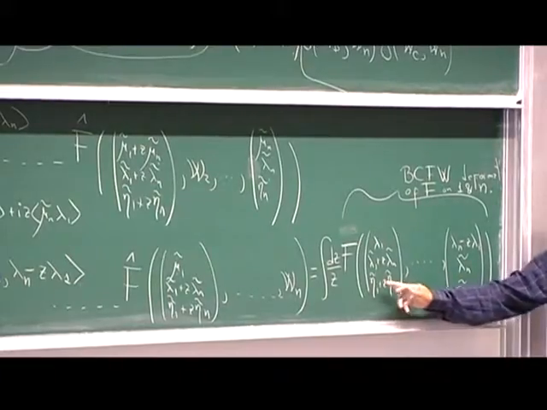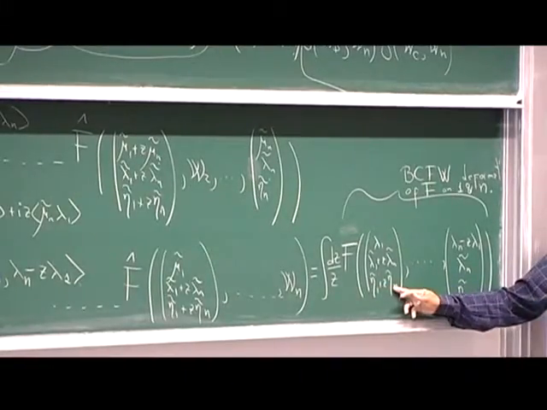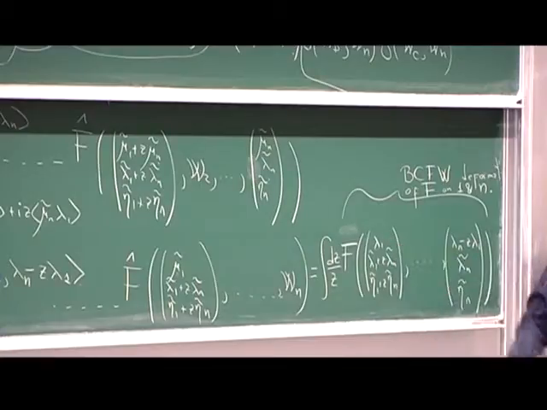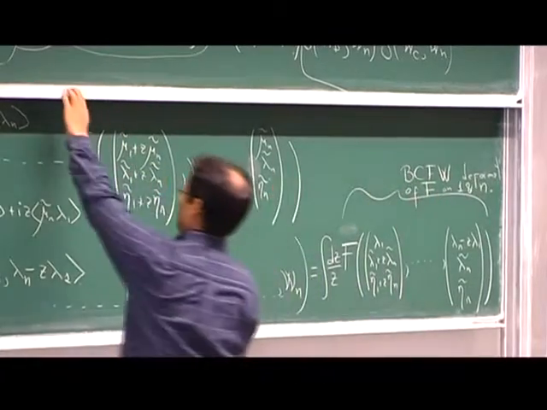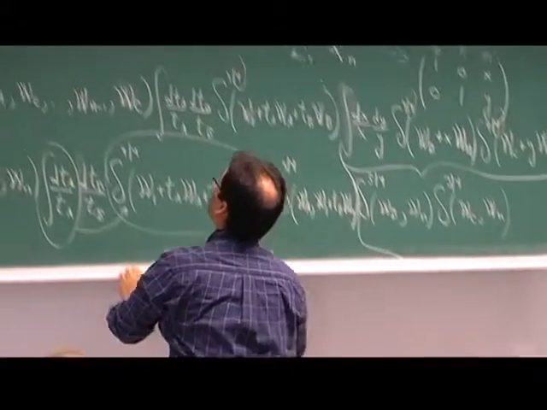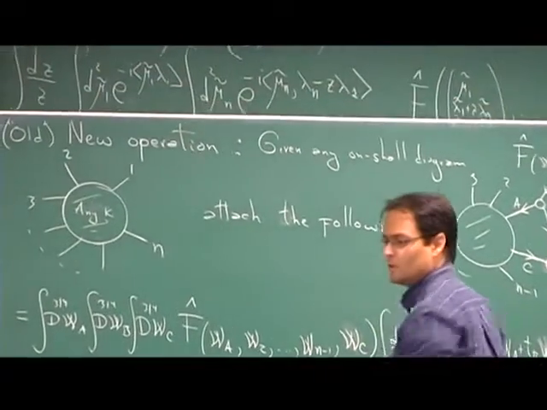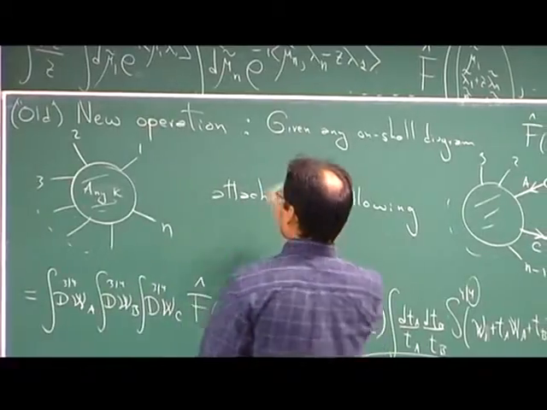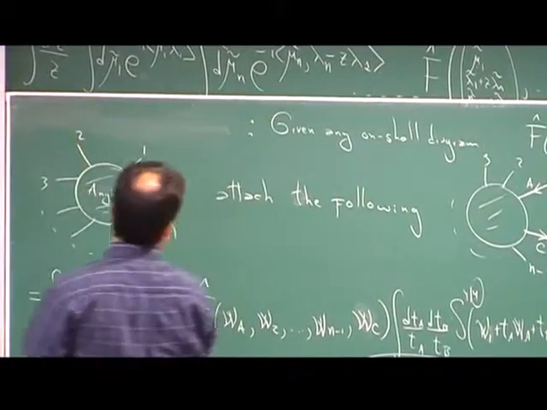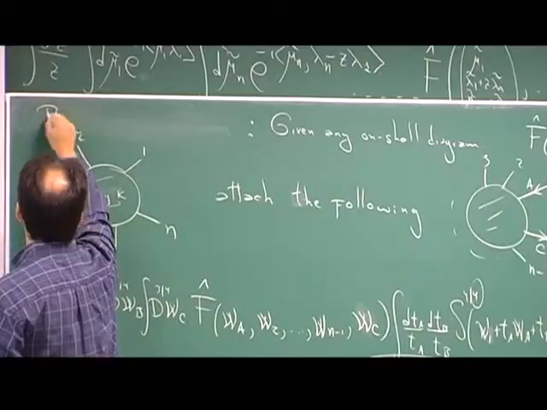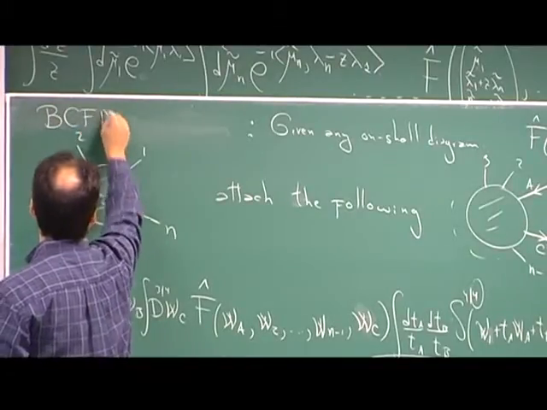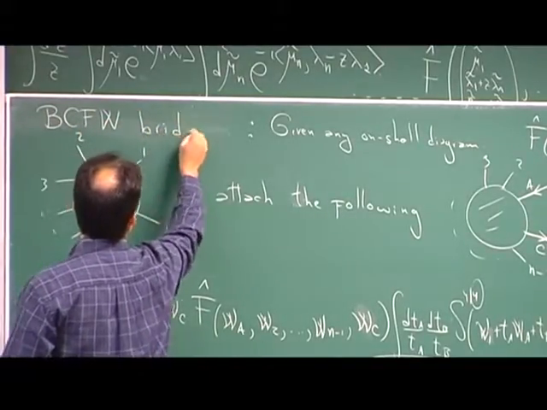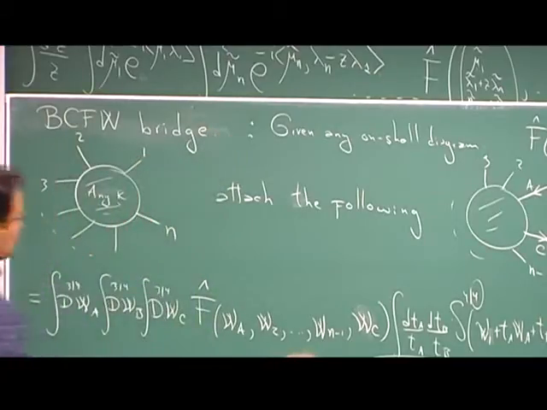Because we are also deforming the super variable corresponding to 1. So now we can give a name to this operation. The new operation is called attaching a BCFW, we call it a bridge. Okay?